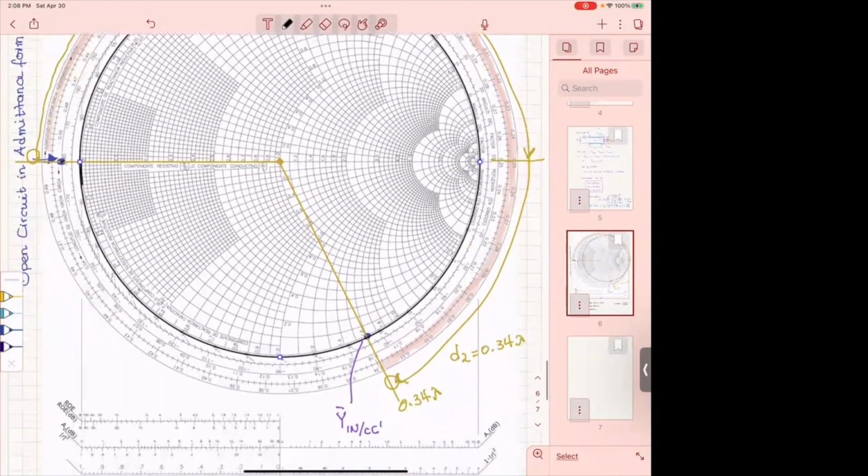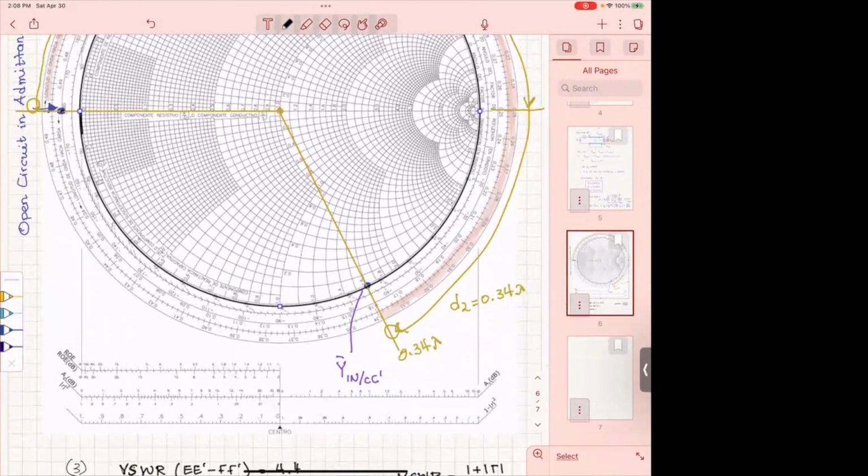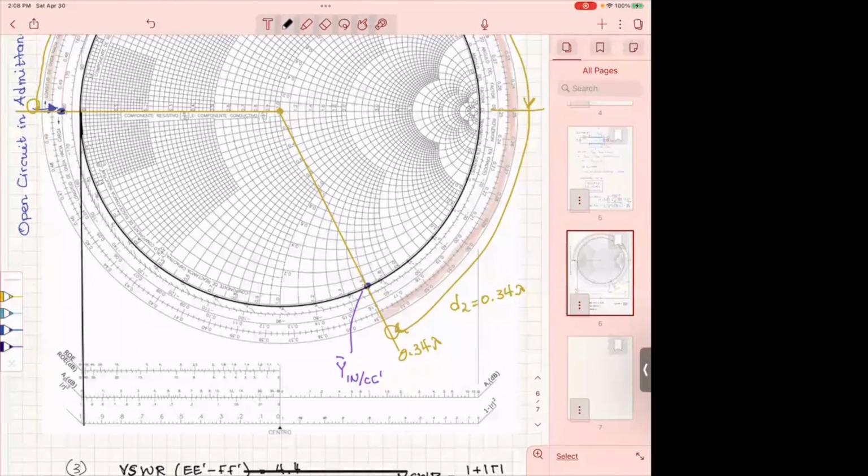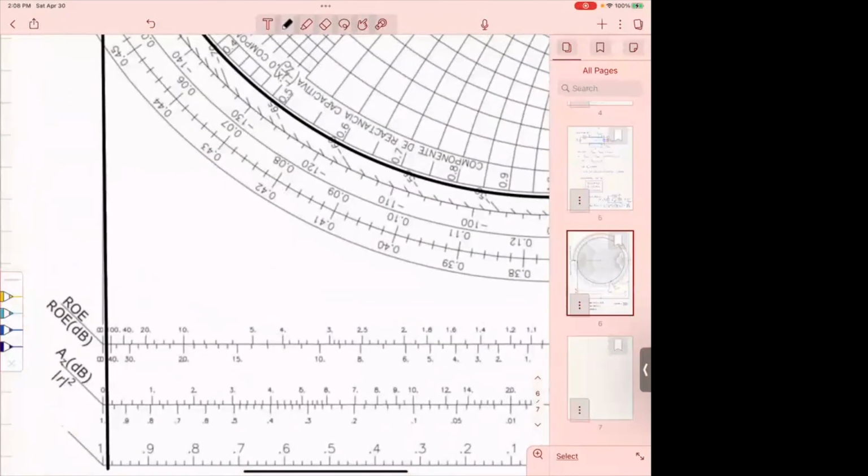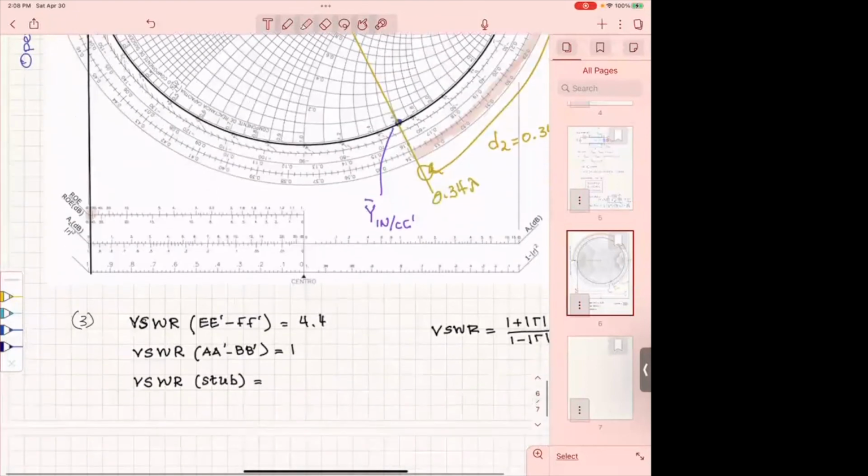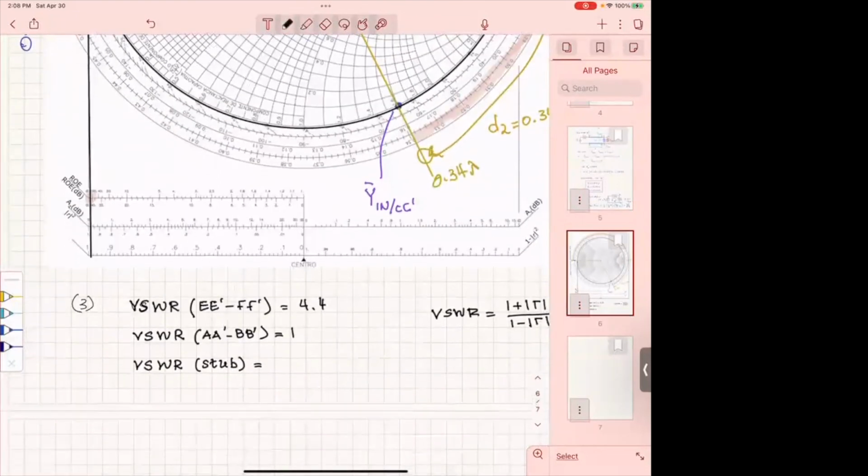Therefore, to find the VSWR for that, you just draw a straight line from here. And you see the line goes to which value? Infinite. So the VSWR for any stub, short-circuited or open-circuited, is infinite.